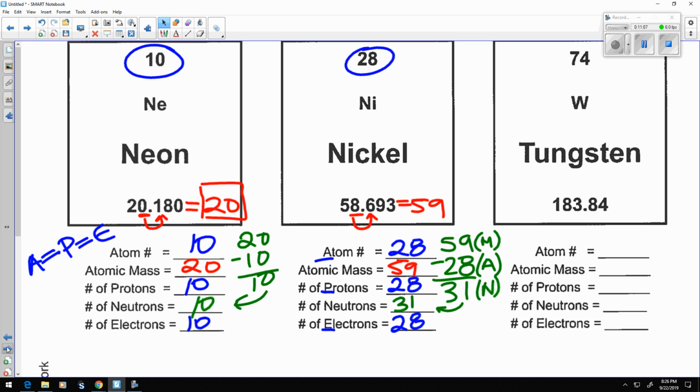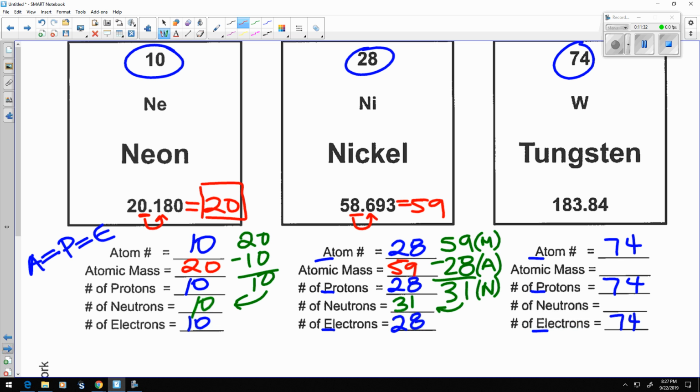Okay, so once again, we are looking at the atomic number. This one time it's 74. I'm going to put it down here, super simple. If it's the atomic number, it's going to be the number of protons, 74, and the same number of electrons, 74. All right, so that was our simple part. Let's do the atomic mass.